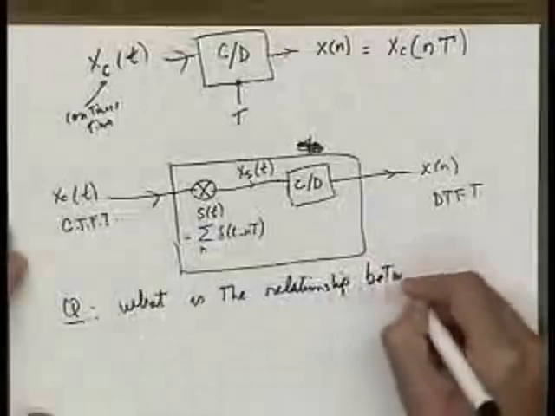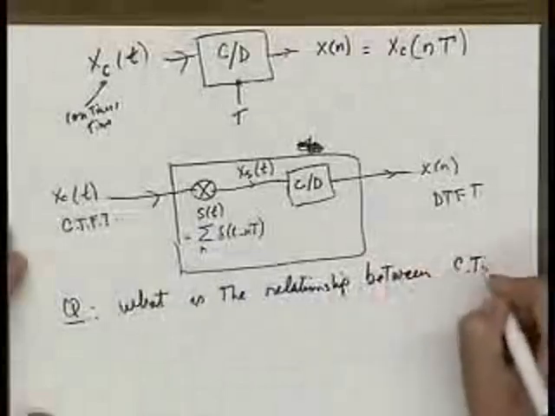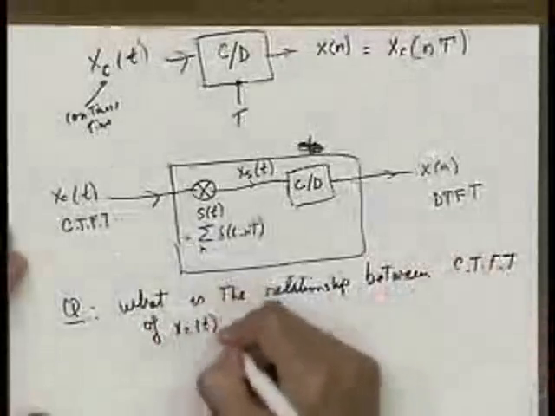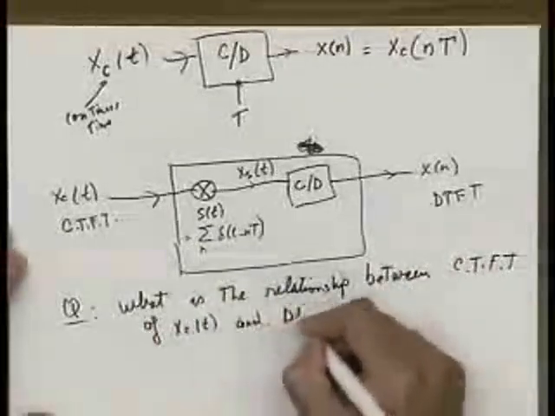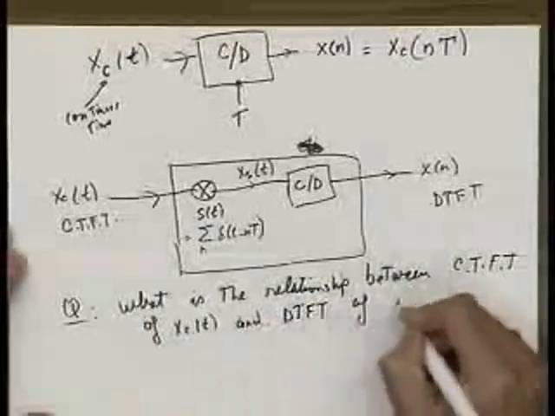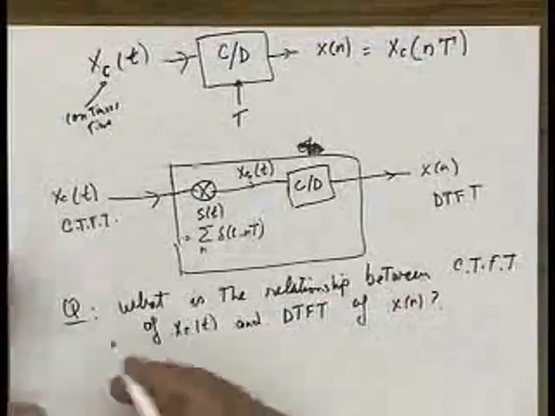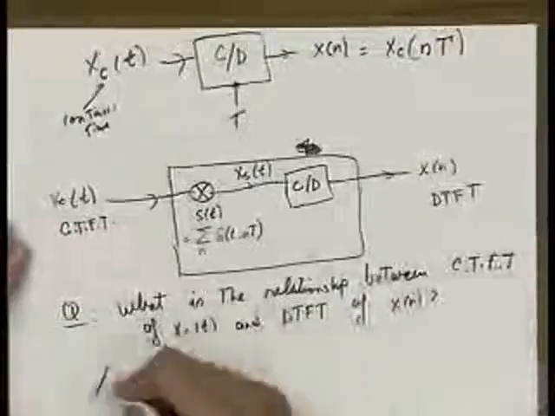between the CTFT of x sub c of t and the DTFT of x sub n? Okay. Well, by definition, the CTFT of x sub c of t, the continuous time Fourier transform of anything, is what?